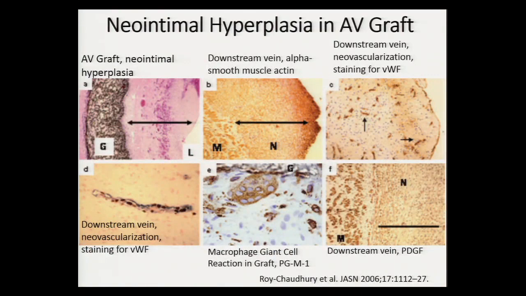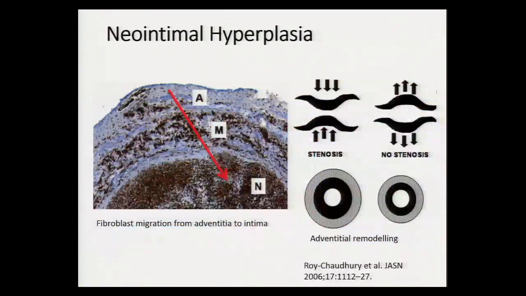If there's graft material, sometimes they see giant cells, a macrophage giant cell reaction, presumably because of the graft material. And there are all kinds of pro-inflammatory, pro-proliferative cytokines expressed in the neointima. There is migration of cells from adventitial fibroblasts that become myofibroblasts and proliferate in the intima.